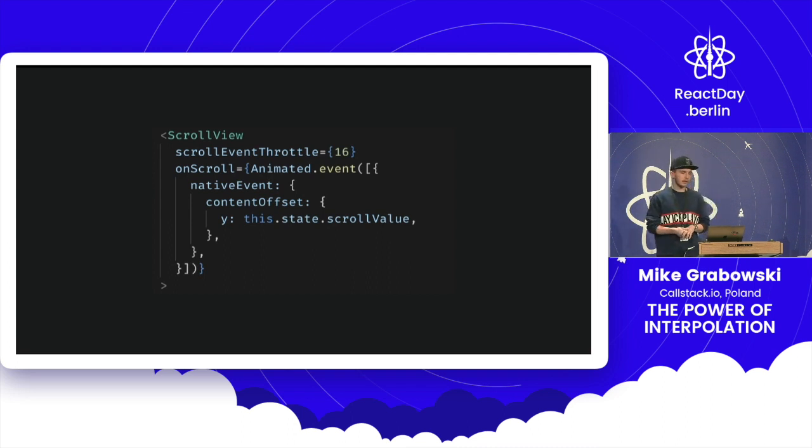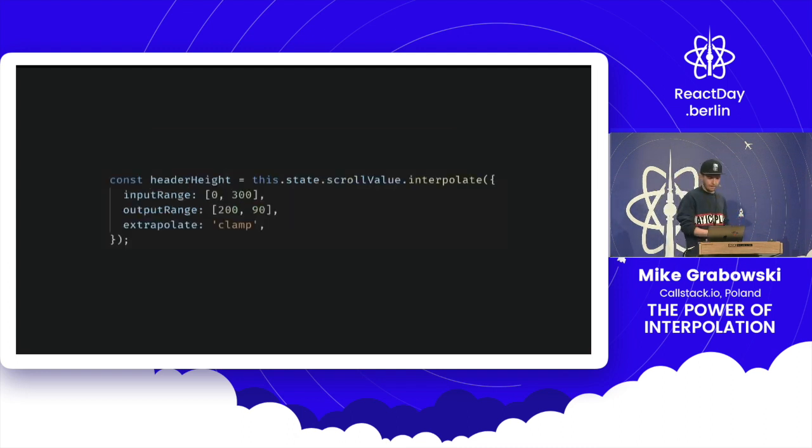It looks very cryptic to me. To be honest, after a year with this API, I still don't know what's the first object or an array there. So if you are confused, you are not alone. Anyway, what it does is it maps the contentOffset y property to the scroll value that we have in state. So that happens automatically.